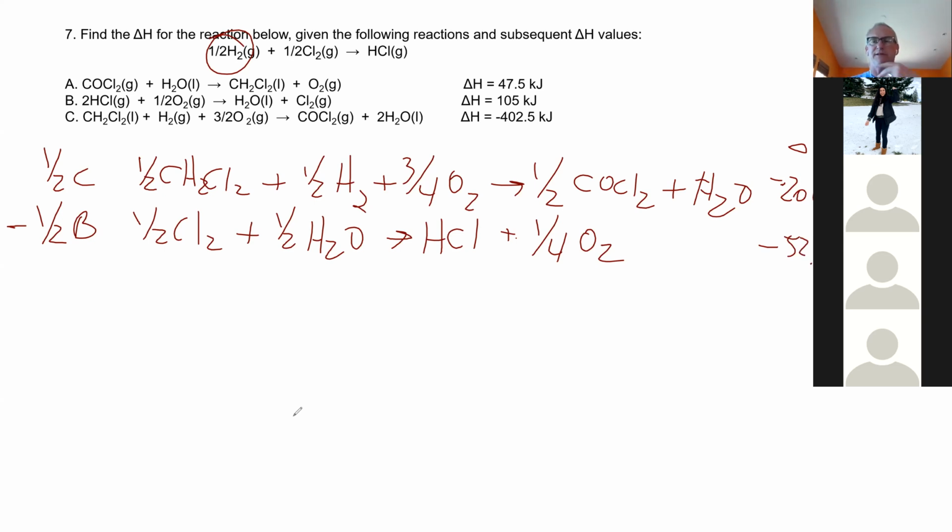Now, if you'll notice, we have our hydrogen on the right side, we have our chlorine on the right side, and we have our HCl on the correct side. We have all this other stuff that we need to cancel. So we need to look for things that we can't cancel.